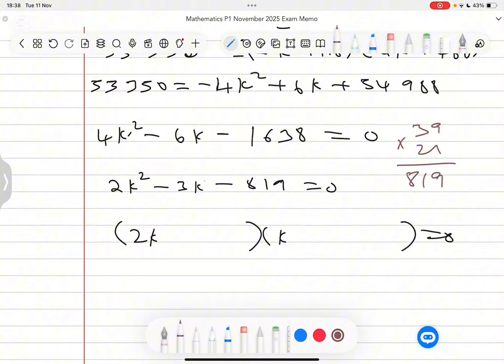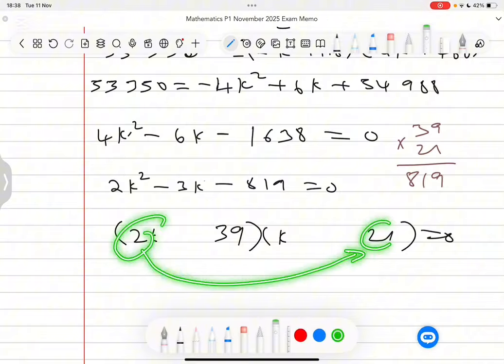And I can see that for me to go back to a 3 here, I'll have to put a small number this side so that it goes with the 2 and a bigger number here. So I'll have 21 here, and 39 this side.